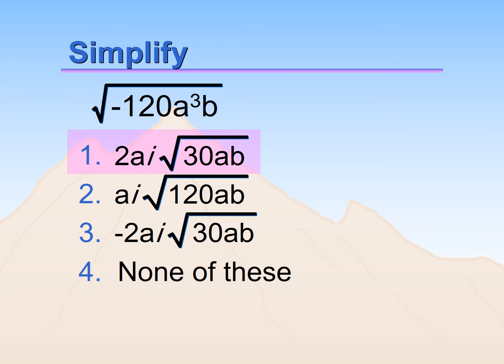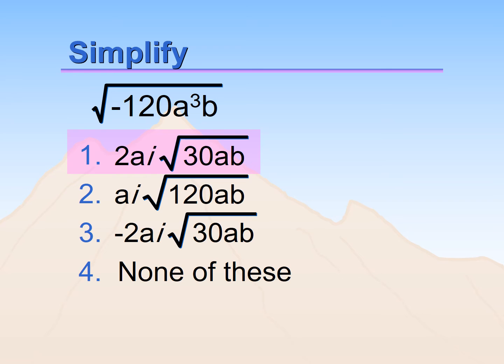Okay, let's try this one. All right, you should have gotten option 1, which was 2ai square root of 30ab. So -120 would break down to -1, and then if you break down 120, you can do a factor tree if it helps you. If you do a factor tree, you'll notice that that became 2 squared times 3 times 5.